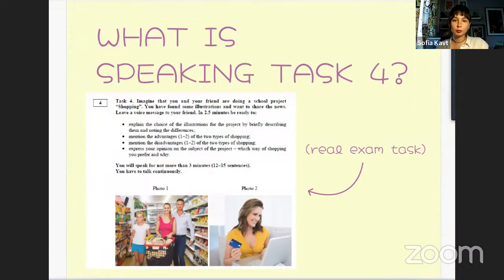Okay, so what is speaking task number 4? In this task, you need to imagine that you and your friend are working on a school project, and you have found some illustrations that you want to share with your friend, which are related to the topic of your project.